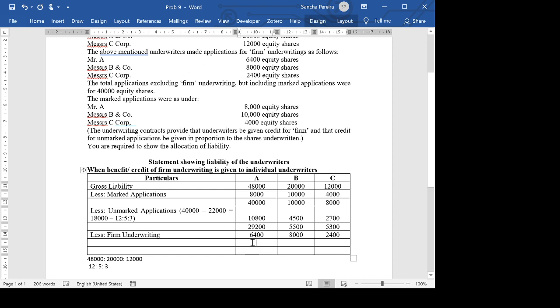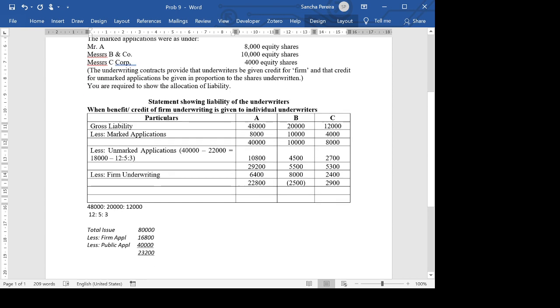So now this one's liability comes down to 29,200 minus 6,400 will be 22,800. Then we have a surplus here. His liability had initially come down to 5,500, but right now, since we are minusing firm underwriting, it is a surplus of 2,500. And here it is 5,000 minus 2,400, we get 2,600.